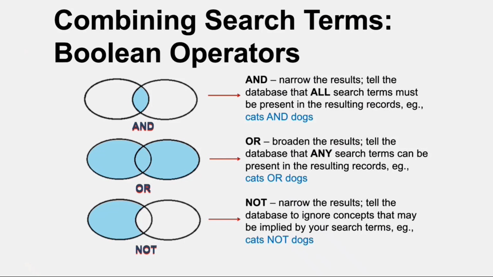It will be finding you only the articles that have both of the ideas in it. So in this example, the articles that you would find have to have both cats and dogs in them. OR broadens your results. So in this example, you would be finding any article that either has cats or has dogs or has cats and dogs.